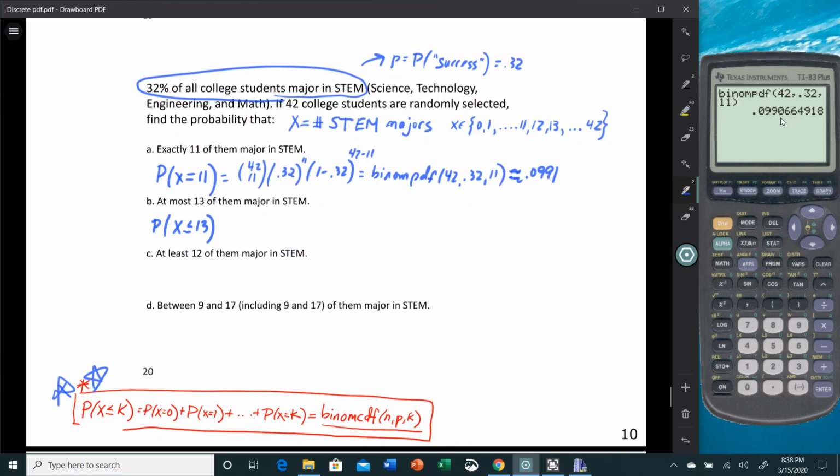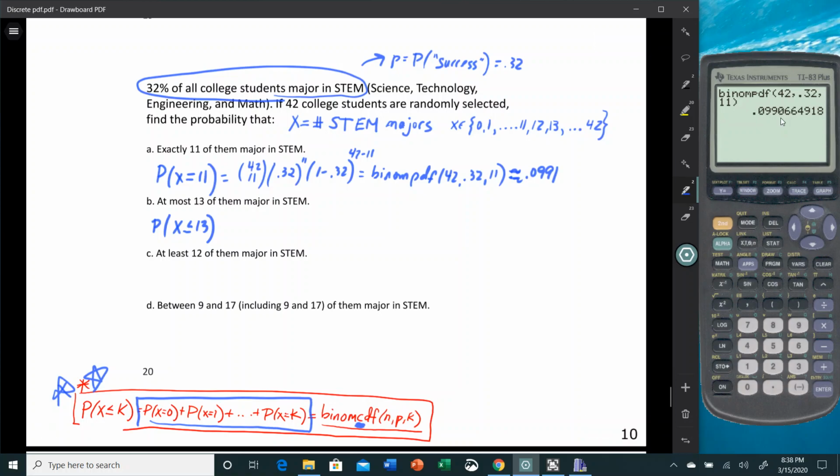Or alternatively, we could use the CDF. The C here stands for cumulative. So this is the binomial cumulative distribution. And the cumulative distribution is the sum of these probabilities. It's a sum. So it's a cumulative distribution.